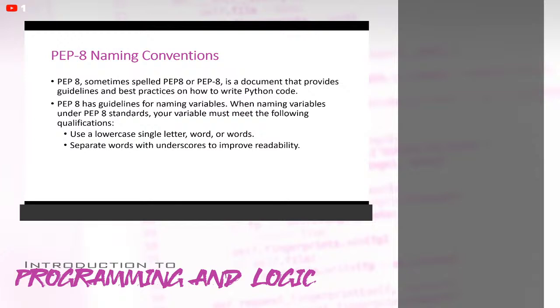And so when we're following PEP8 naming conventions, we have these specific guidelines for naming variables here. And so when we're using these conventions, which we should be using, we want to use lowercase letters as our variable name. And if there are multiple words in our variable name, we want to separate them with an underscore so that you can read them a little better.